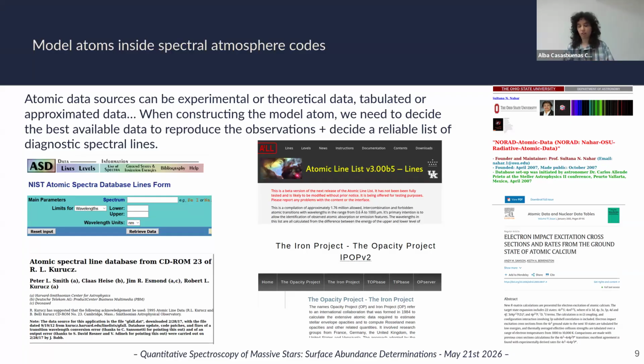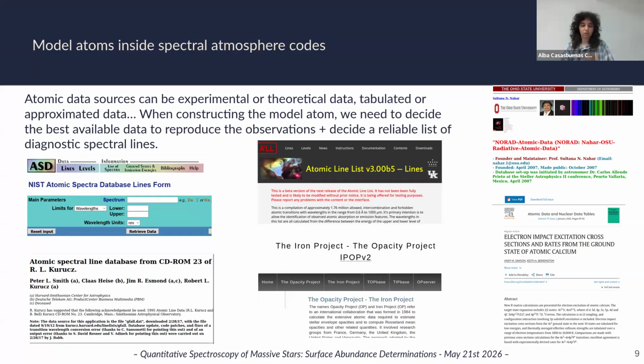Finally, most of the sources that I've mentioned are radiative data. For collisional data, there are not that many comprehensive databases.